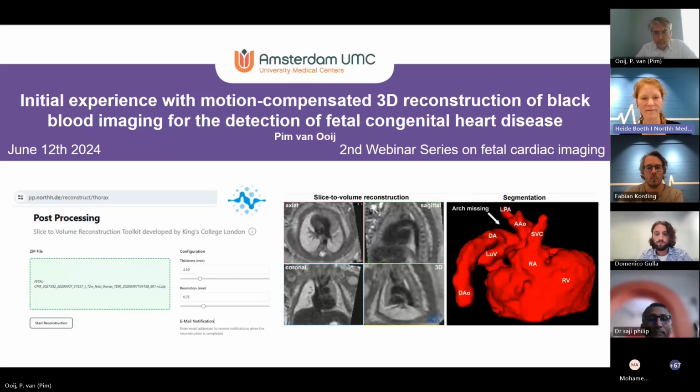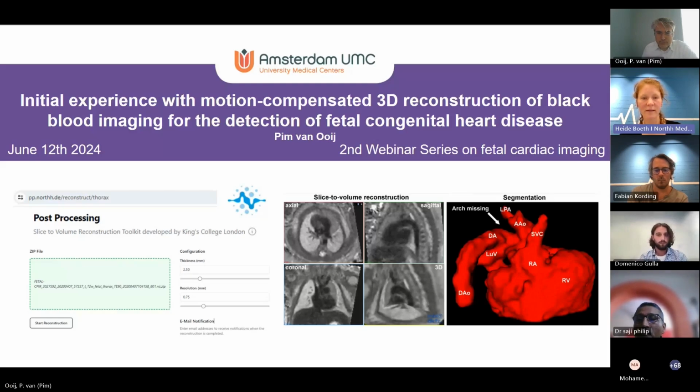This is very interesting because I have right now 25 answers. For the SVR post-processing from London, 45% have used it, 17% haven't used it, and 40% have no idea what it is.